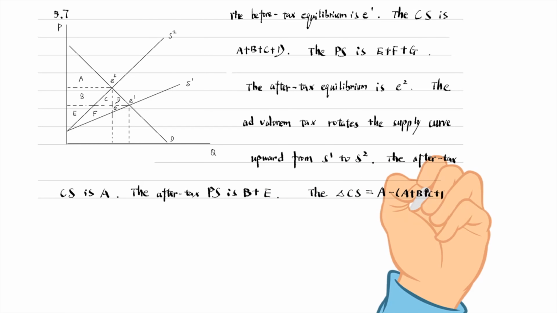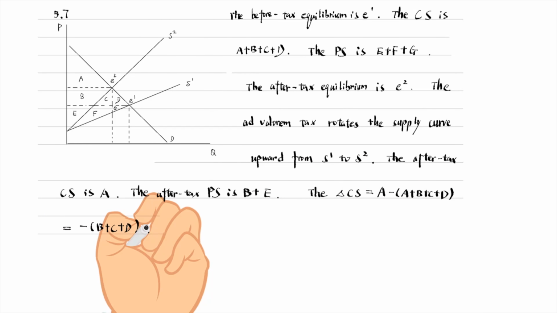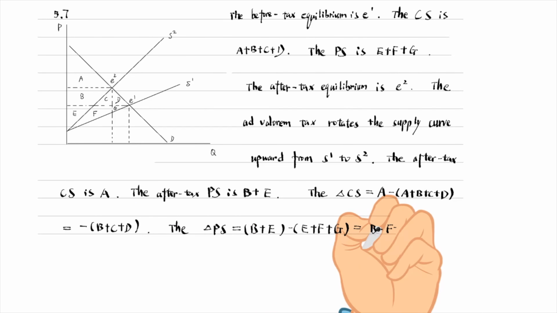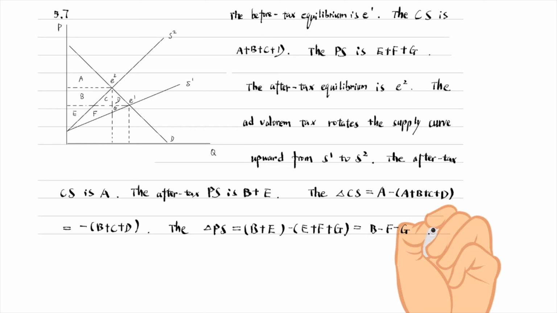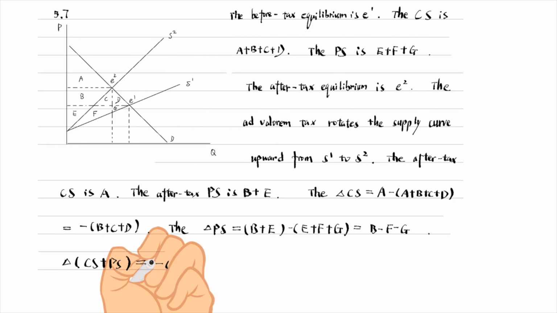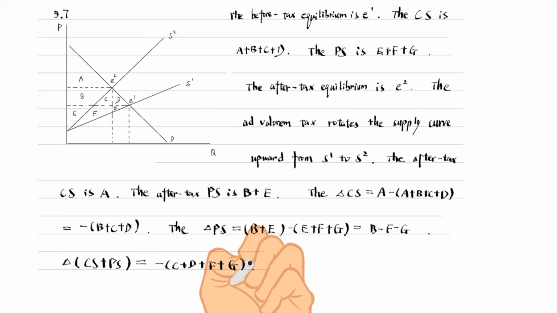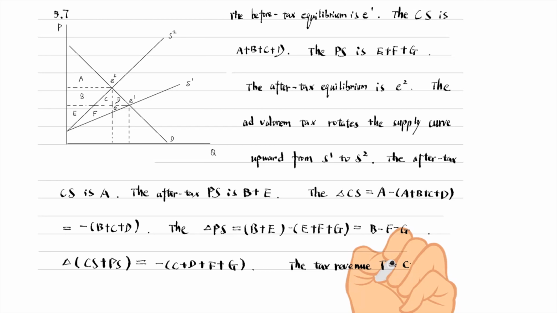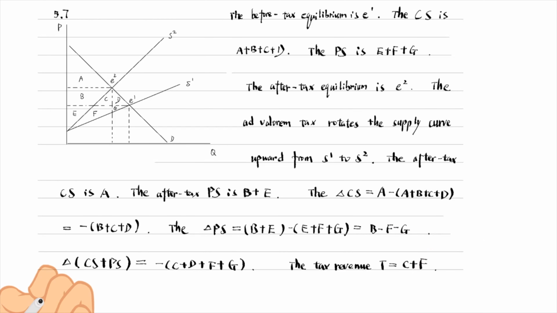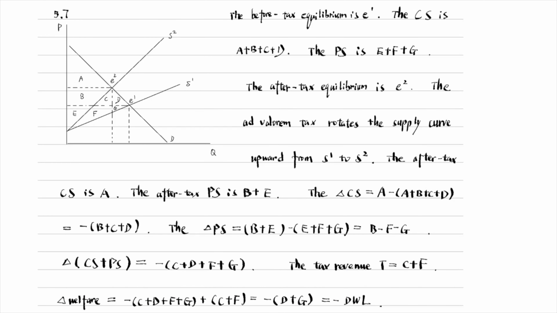The change in consumer surplus is minus B plus C plus D. The change in producer surplus is B minus F minus G. The total change in the sum of consumer surplus and producer surplus is the area of C plus D plus F plus G. The government tax revenue is the area of C plus F. Therefore, the change in social welfare is minus D plus G. The triangle area of D plus G is the deadweight loss to society.